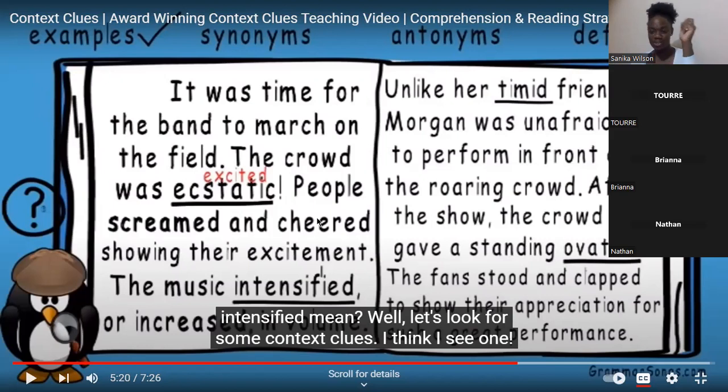Which context clue was used in the section, the music intensified or increased in volume? From intensified, since it has the same meaning as increased. So it went up. Was it inferencing, definition, examples, antonym, or synonym?